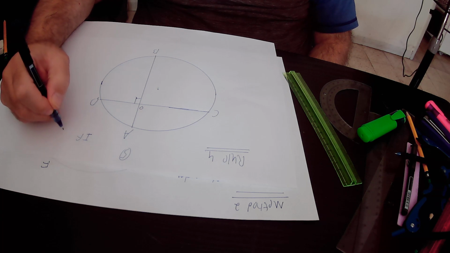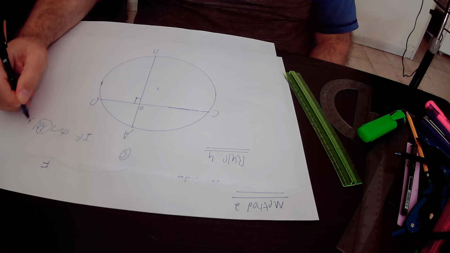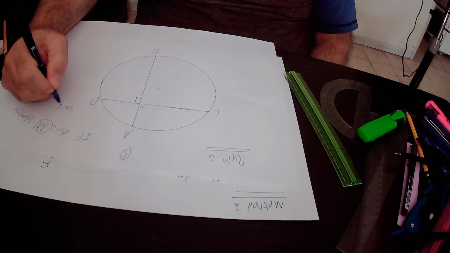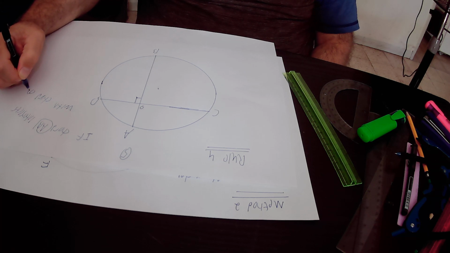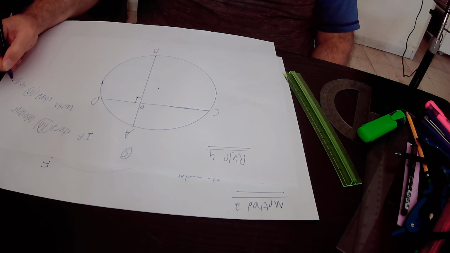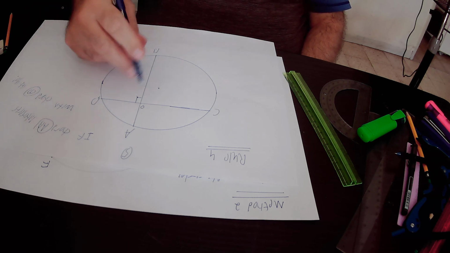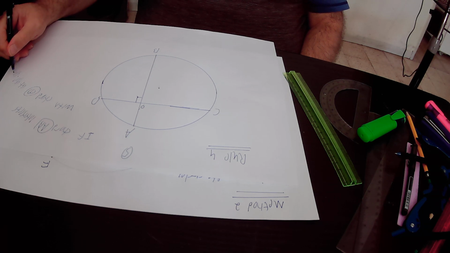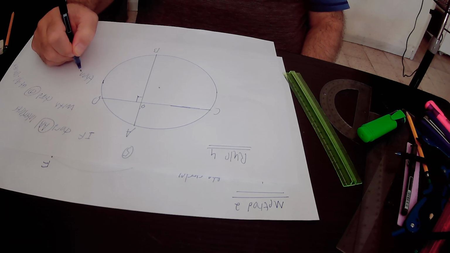If chord AB intersects with chord CD at 90 degrees, and the intersection point occurs at point O, then the following equation will be true.